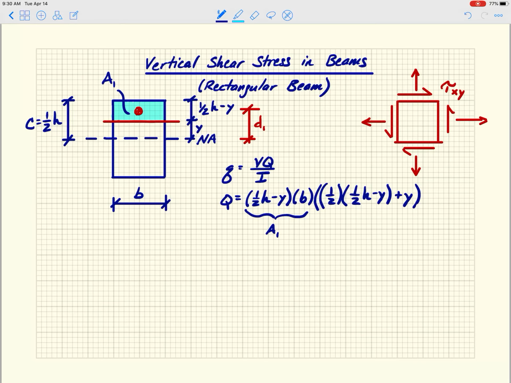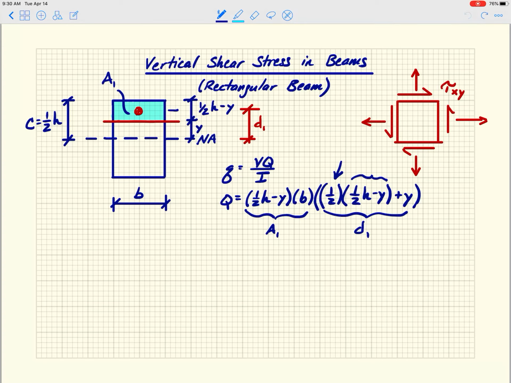So this guy here is d1. That there is the height of the light blue section. I multiply that by 1/2, so that gives me the distance between this red line, that distance there.